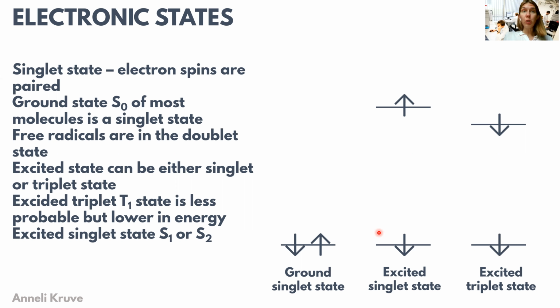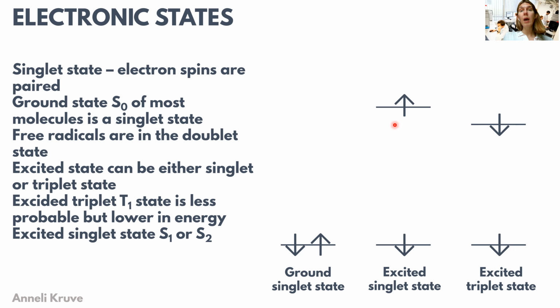However, excitation to the triplet state is also important, but it is much, much rarer due to the fact that the lifetimes of the excited triplet states are much longer. So this process is much less probable than the excitation to the singlet states.